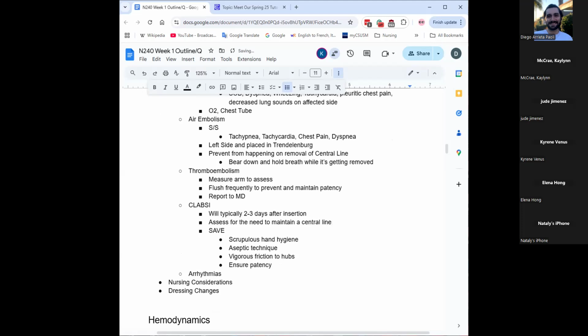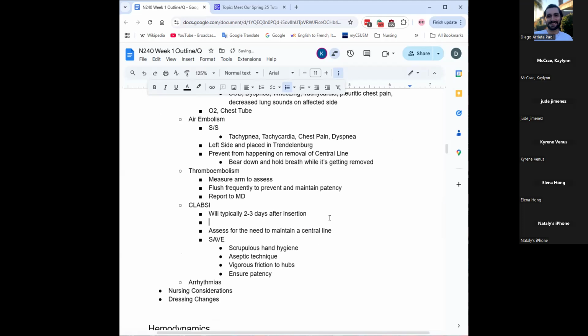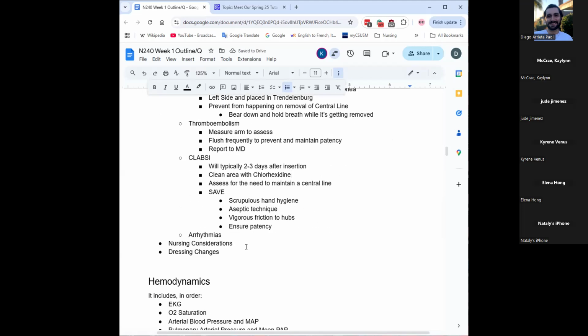Take it out if it's not needed. Chlorhexidine for days. We do be cleaning with chlorhexidine wipes. The bio patch.